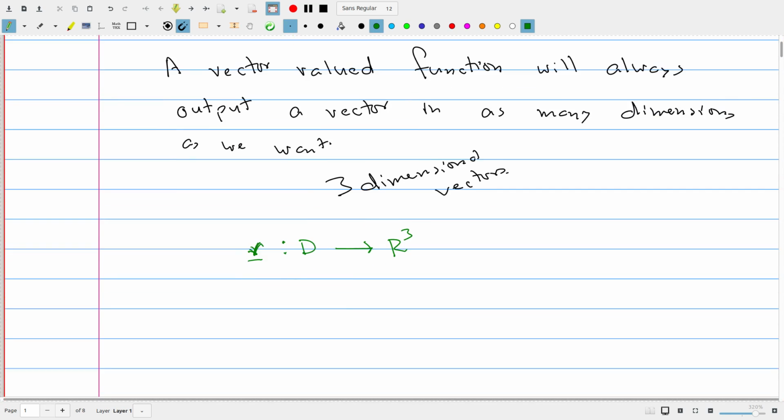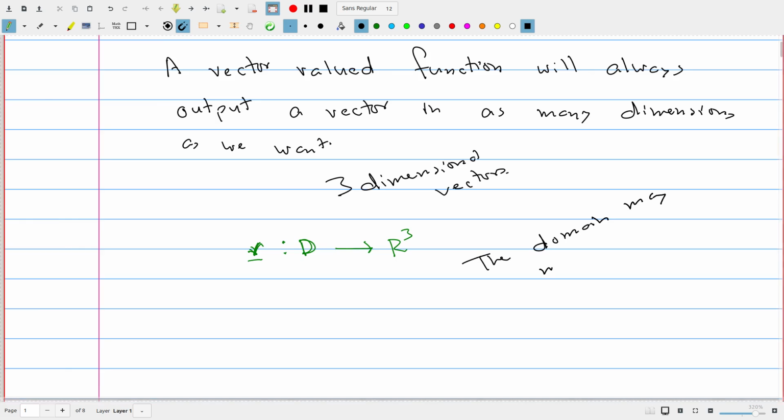Now, the domain may or may not be a subset of the real numbers.